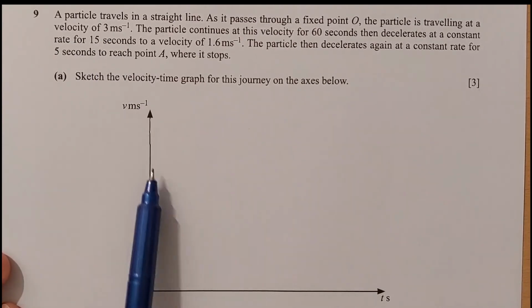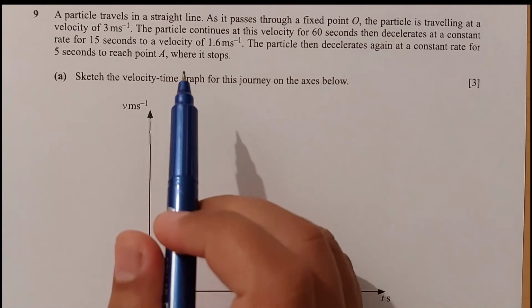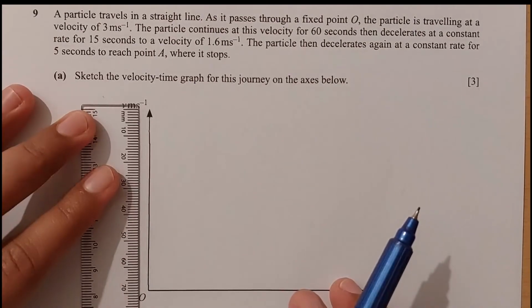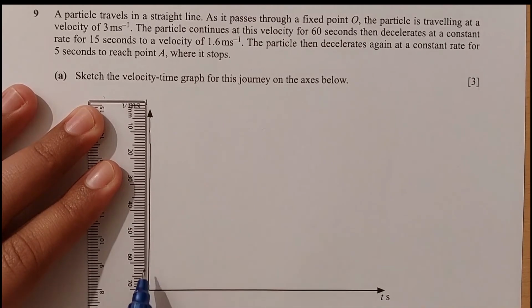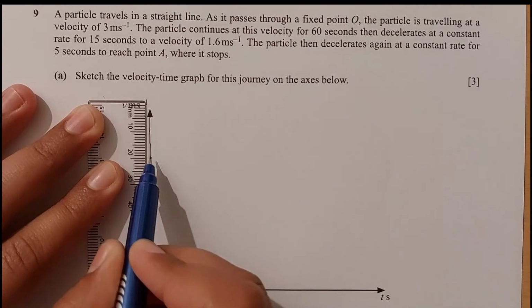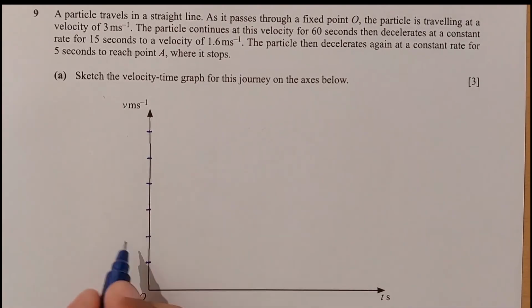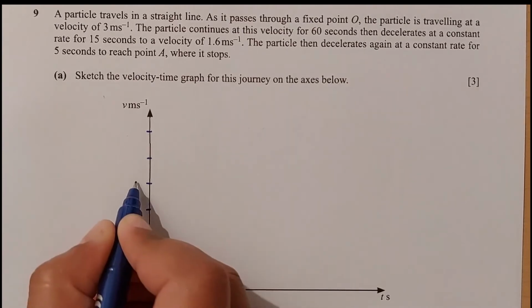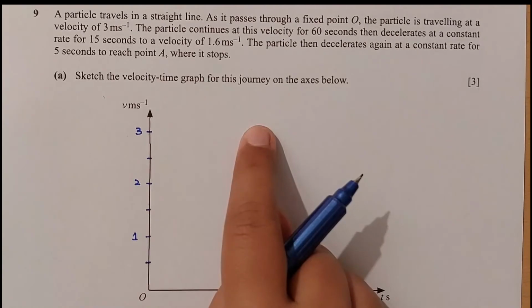So this is a velocity that is 3 meter per second in a straight line, right? So this is 1, this is 2, and let's say this is 3. So this is 3 meter per second.